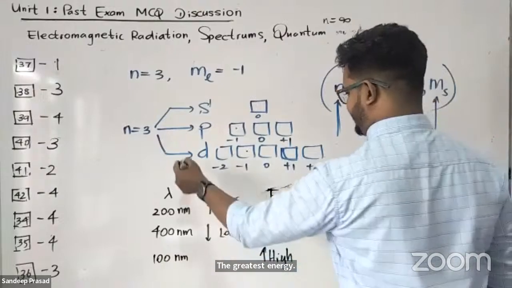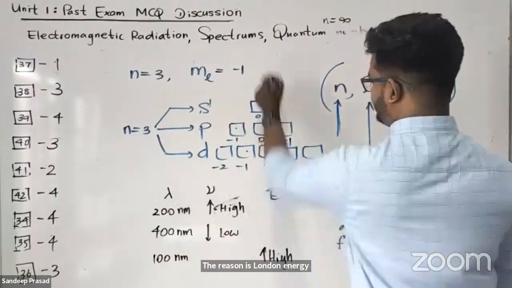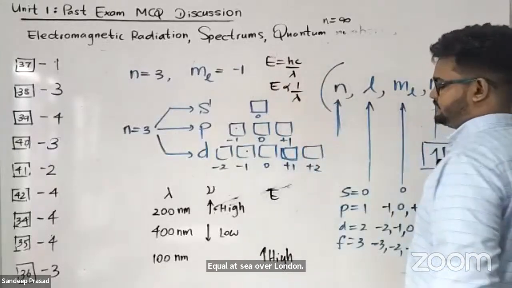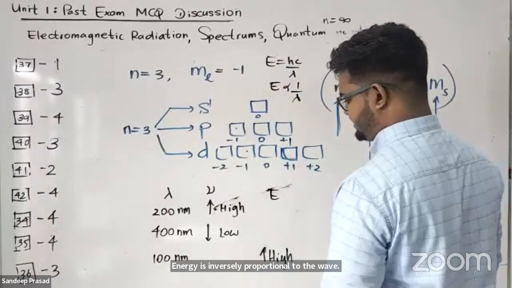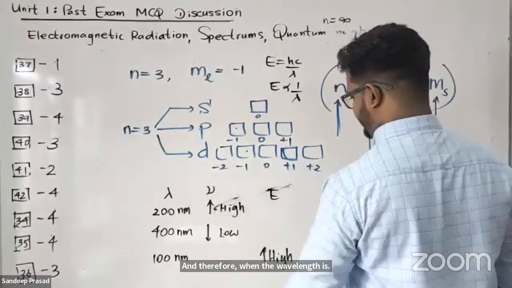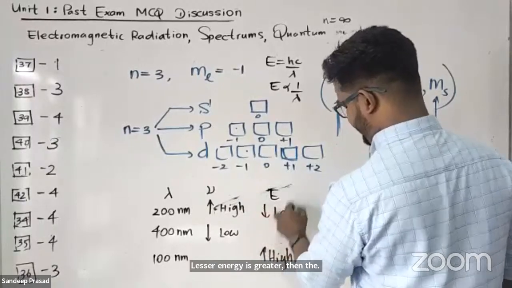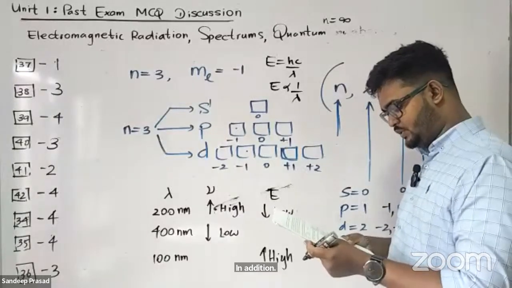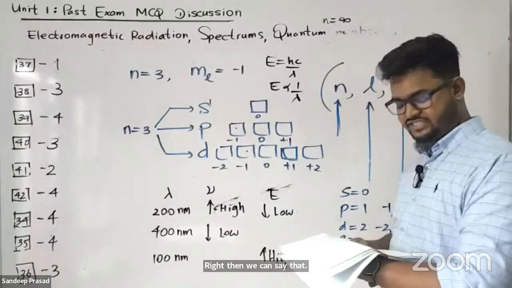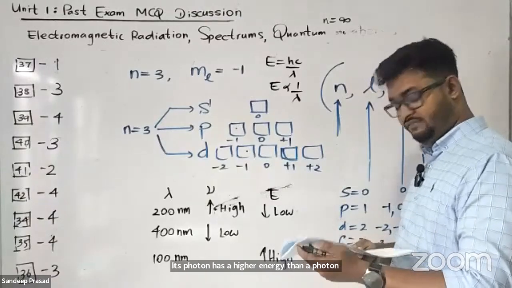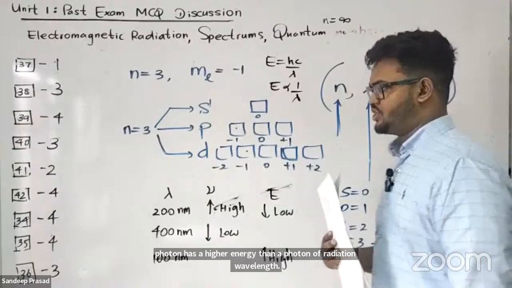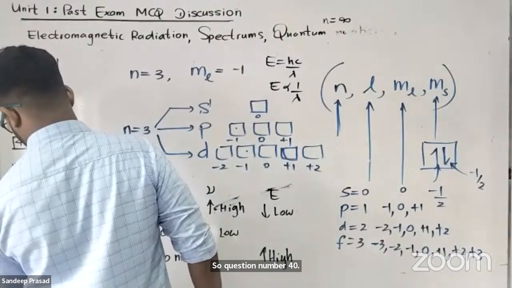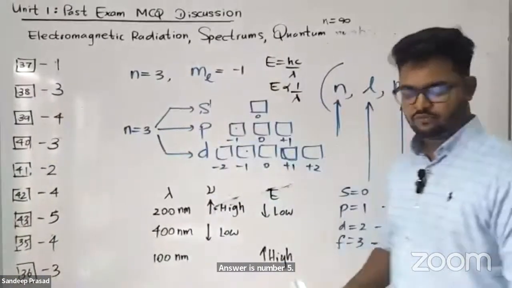Why? The energy equals hc over lambda, so energy is inversely proportional to the wavelength. When the wavelength is lesser, energy is greater. When the wavelength is greater, energy is low. So that statement is also wrong. So question number 43, answer is number 5.